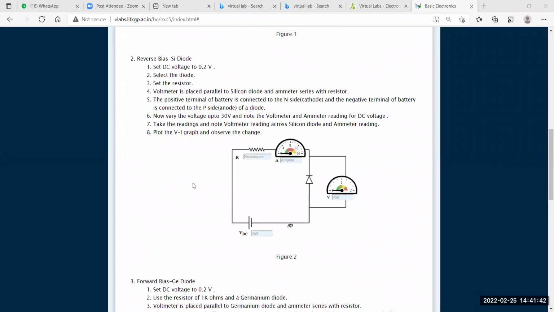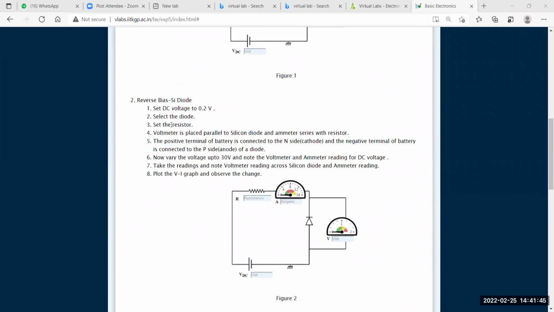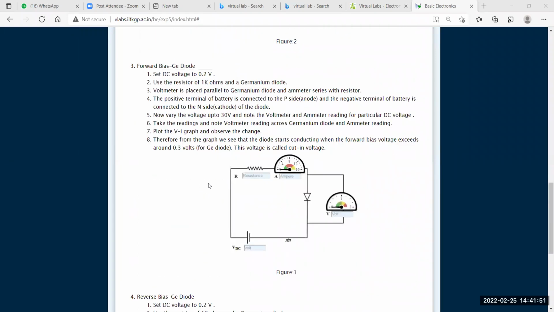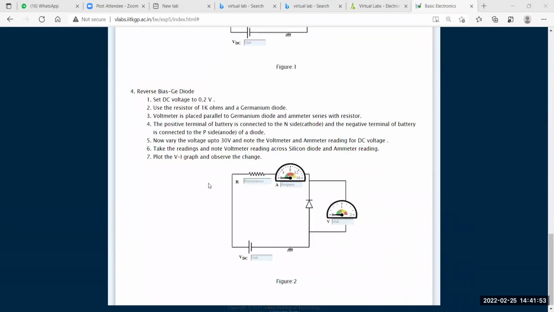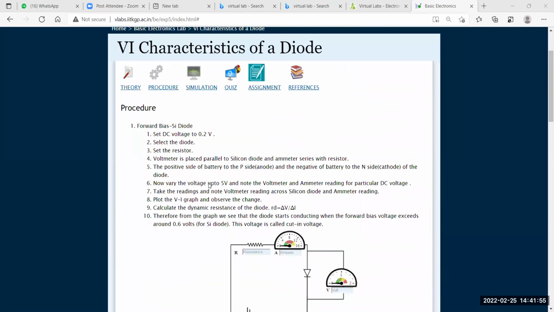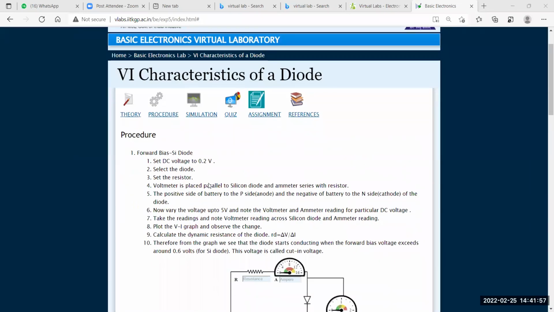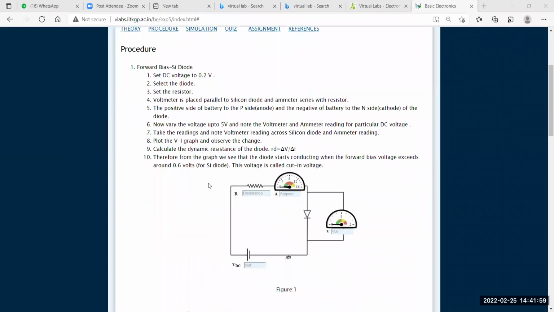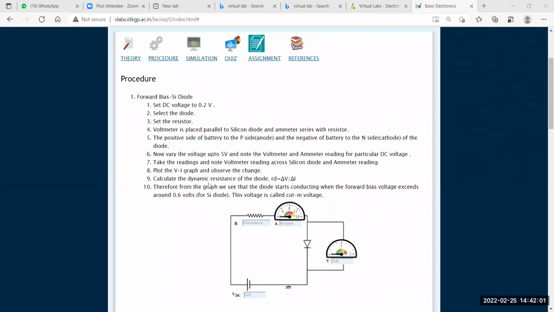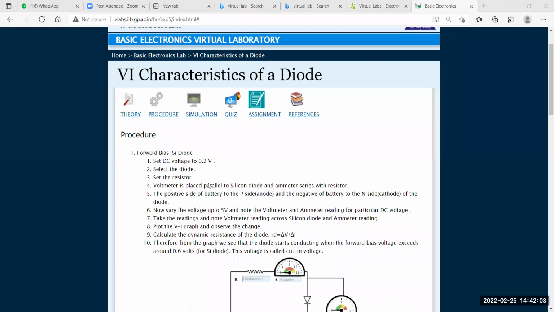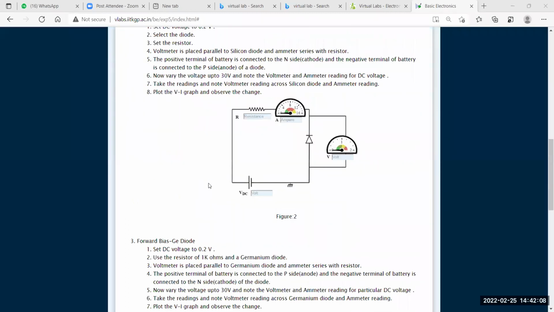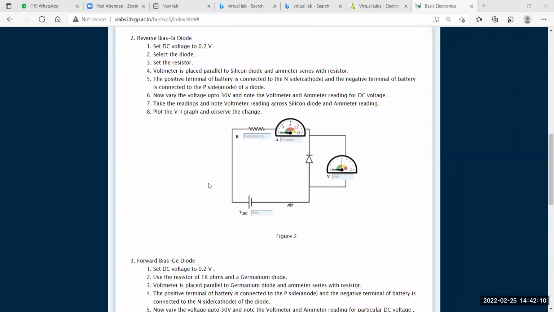And same thing for reverse bias: select the diode, set the resistor, and place the voltmeter in parallel to the silicon diode. In today's class, I will discuss how we can do the simulation process as per the circuit diagram.